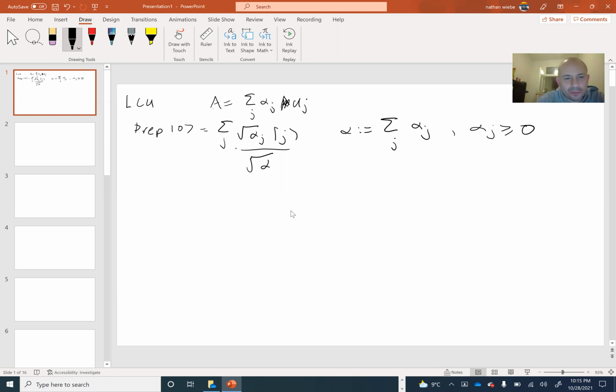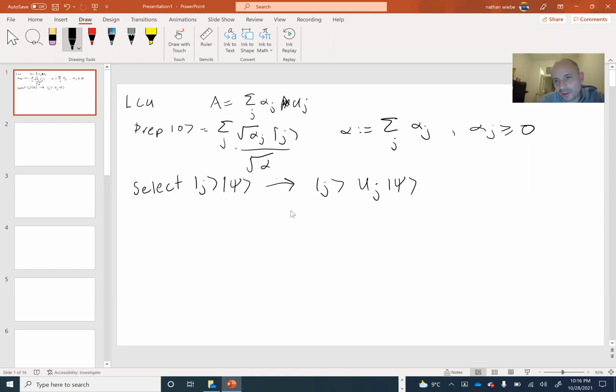The next operation that we defined was the select operation. Select has the action that when you choose a particular value of j and a state psi, select maps |j>|psi> to |j>U sub j|psi>.